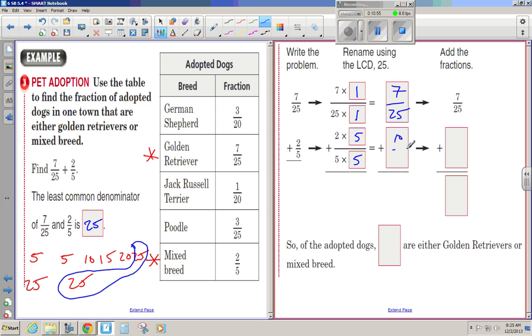This becomes 10 25ths. 7 25ths plus 10 25ths. Add the numerators. Becomes 17 25ths. So, of the dogs adopted, 17 25ths are mixed breeds.